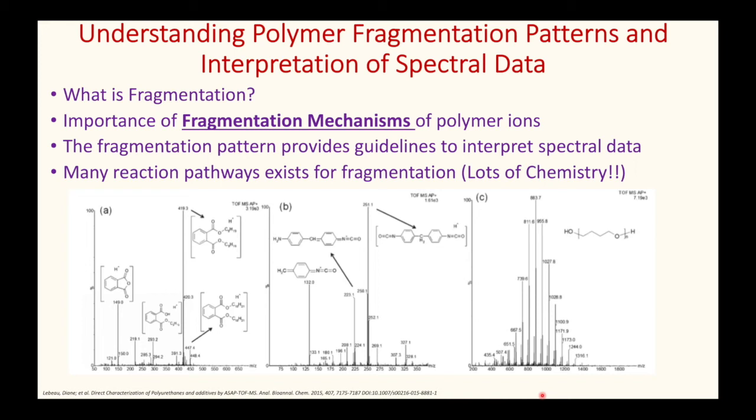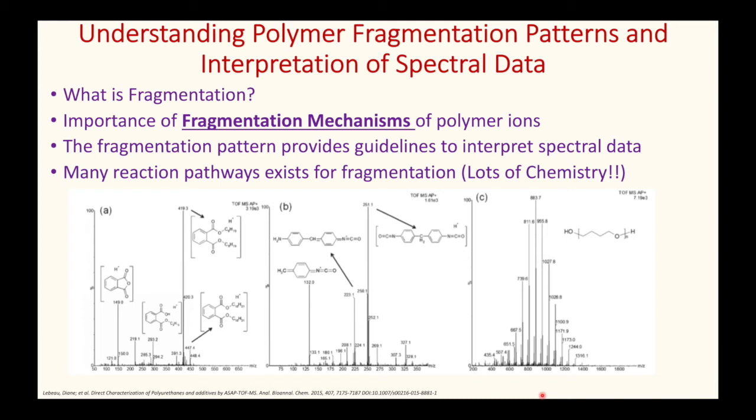On a side note, the order and the connectivity of the polymer can also influence the observed pattern. This pattern will be primarily dependent on the functionality, such as the organic functional groups of the polymer, the ionization source, and the mode of ionization, that being, is it a negative or positive mode. There are other considerations such as the sample matrix and the method parameters that will influence the fragmentation pattern.